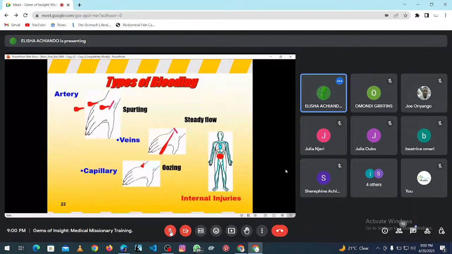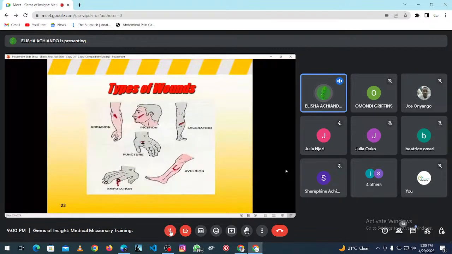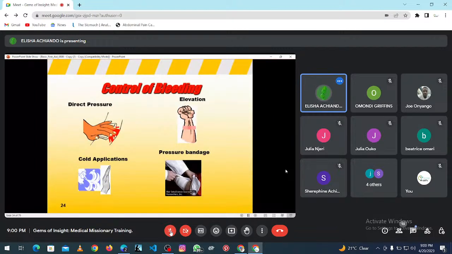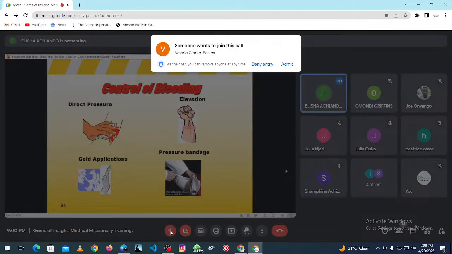I want to talk about bleeding, because bleeding is something we talked about in the cardiovascular system. But I want to mention something on bleeding, because one of the philosophies was that you stop bleeding as fast as possible. So for you to stop bleeding, just apply direct pressure to the point. Number two, you can also control bleeding by elevation.